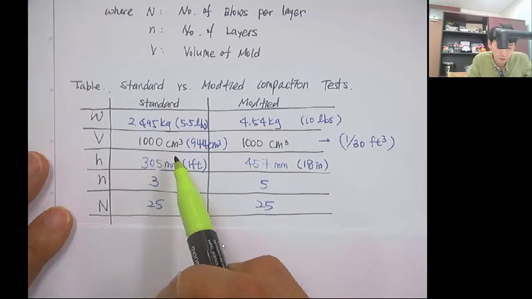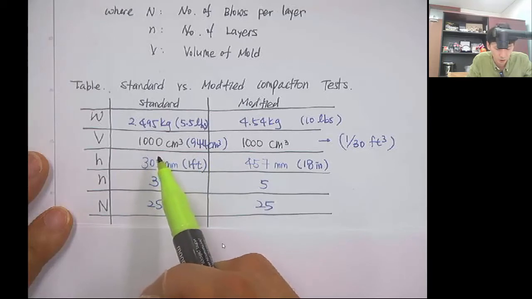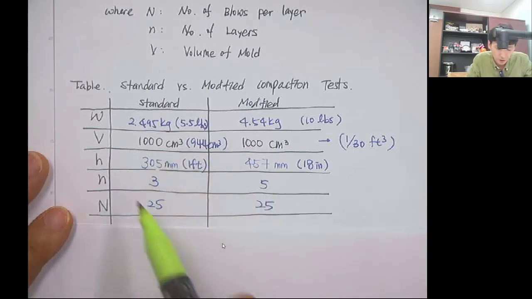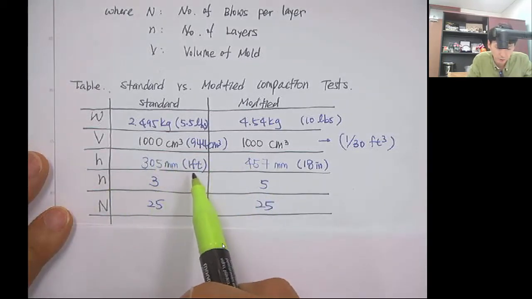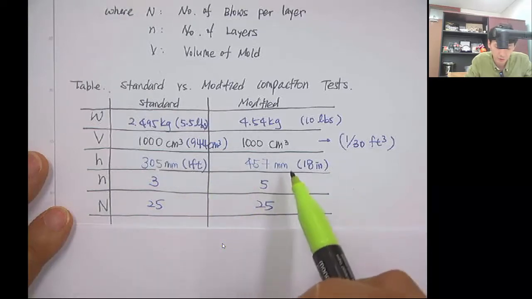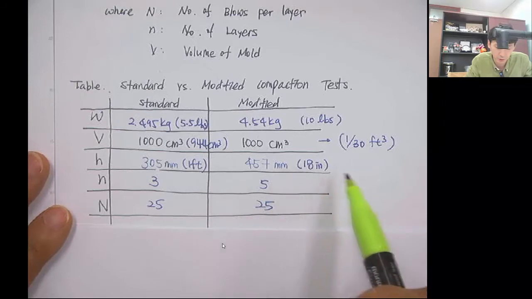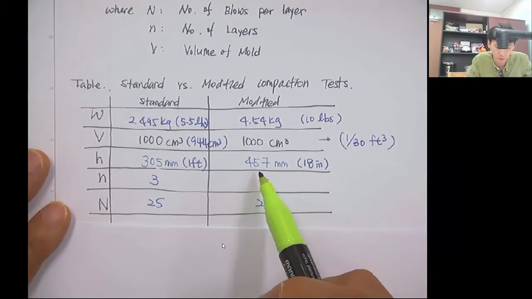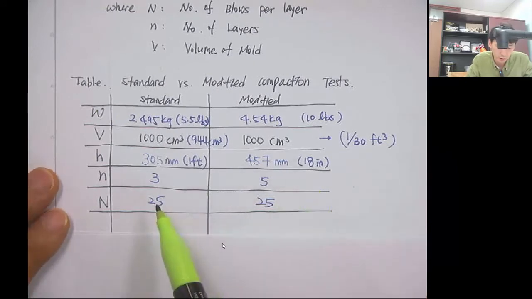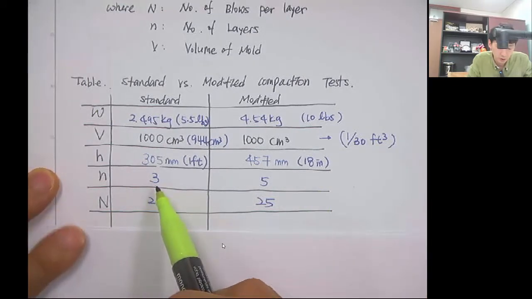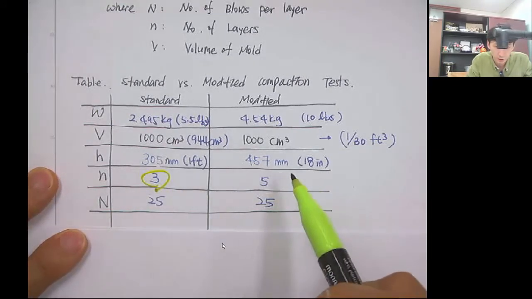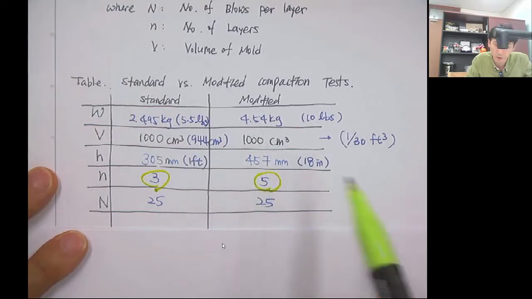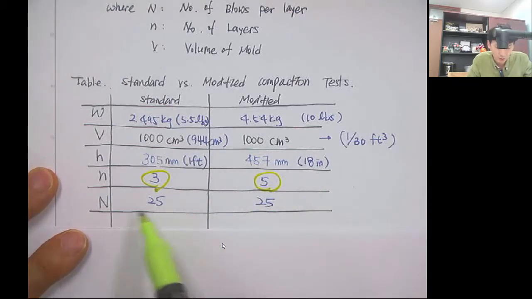The volume of the mold is the same, about 1,000 cubic centimeters, and the drop height is 1 foot for the standard Proctor test and 18 inches for the modified Proctor test. If you convert it to SI units, that's 30 centimeters and about 45 centimeters. For the number of layers, the standard Proctor test uses 3 layers and the modified Proctor test uses 5 layers. But you use the same number of blows, 25.